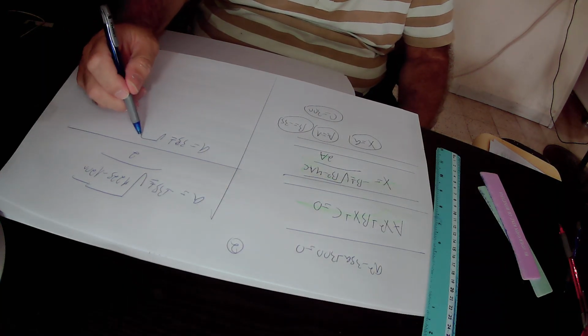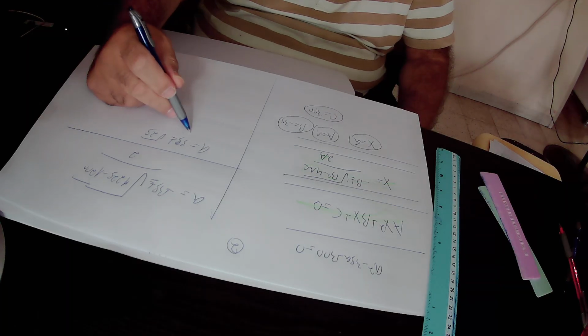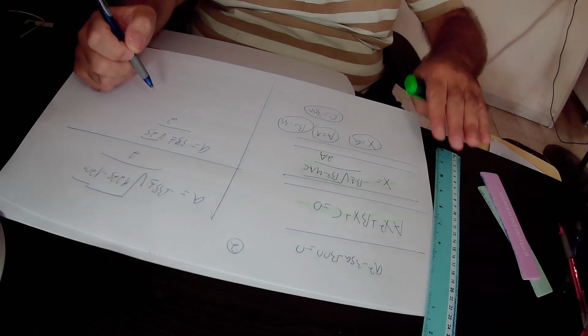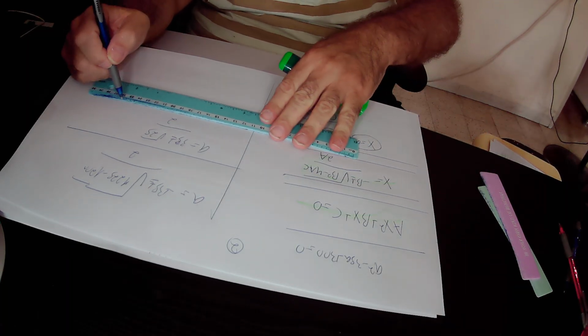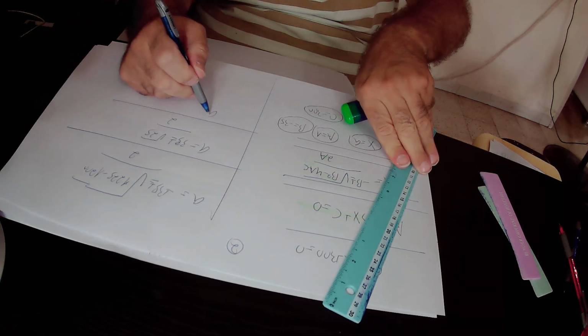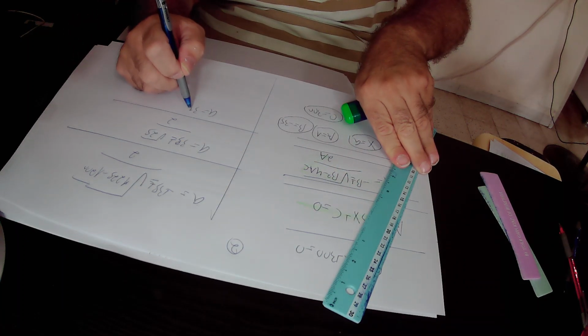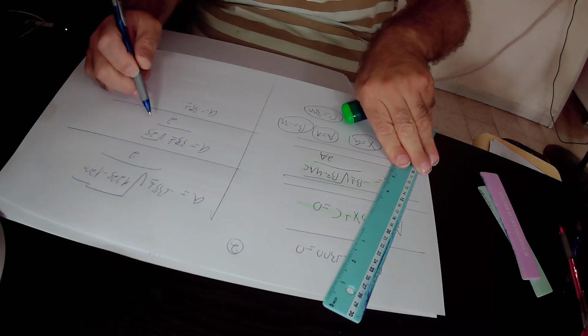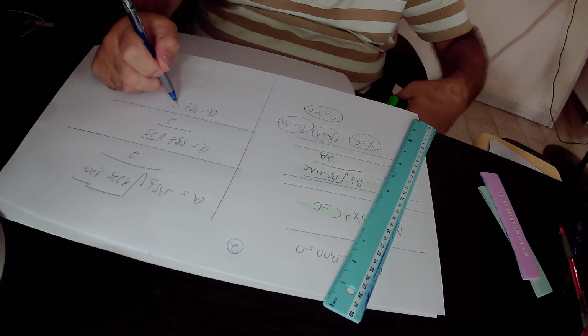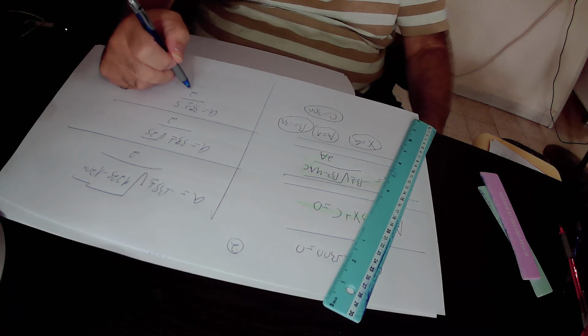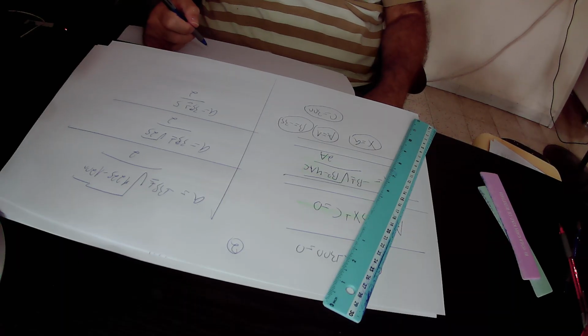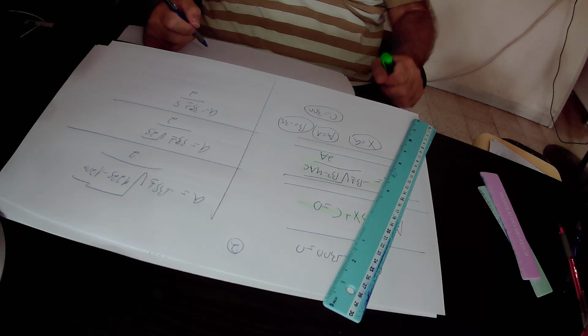So inside the root we are left with 25 over 2. So a equals 35 plus minus the square root of 25, which is 5, over 2. So a equals 35 plus minus 5 over 2.